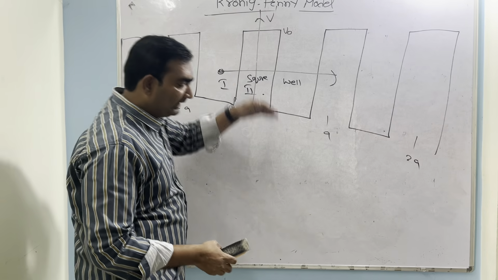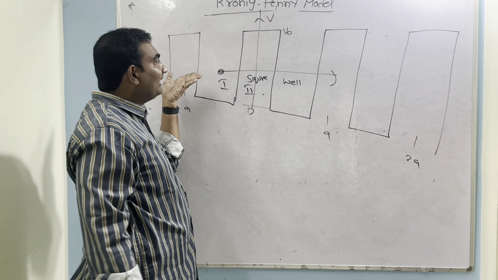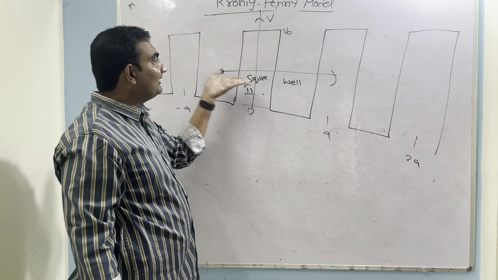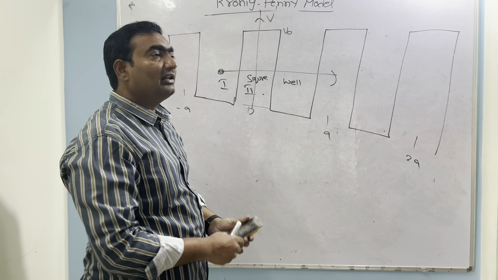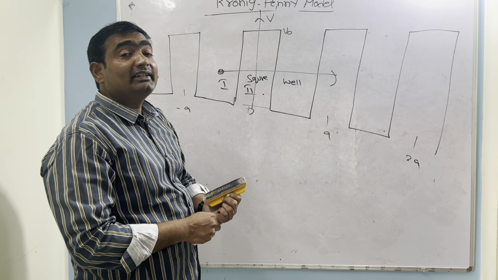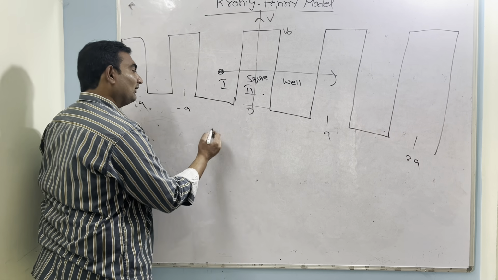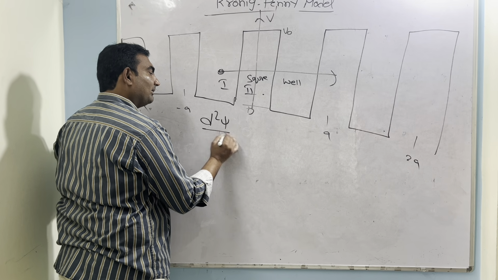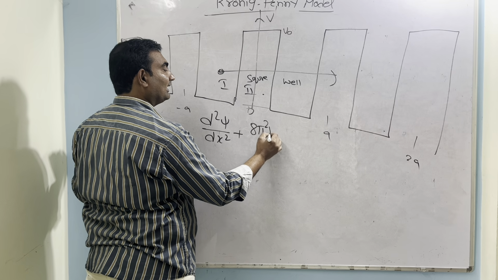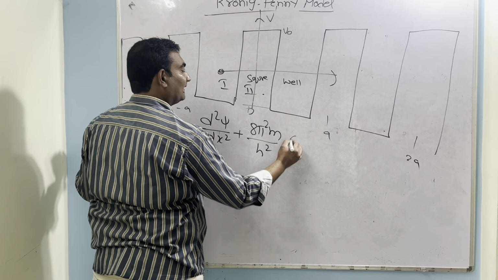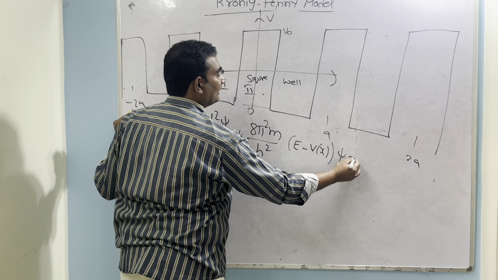Now to find out the energy values of the electron and the wave functions of the electron when it is moving under a periodic potential, we have to apply Schrodinger's time independent wave equation. So now let us apply d square psi by dx square plus 8 pi square m by h square into E minus V of x into psi equal to 0.